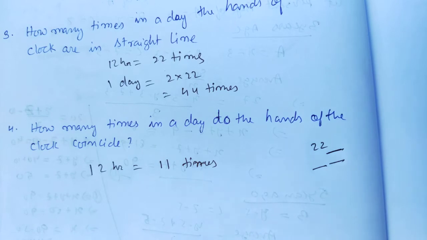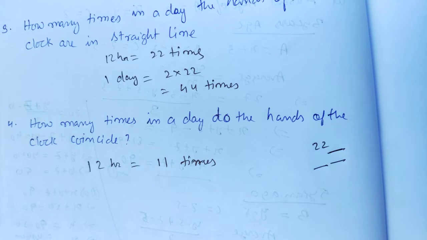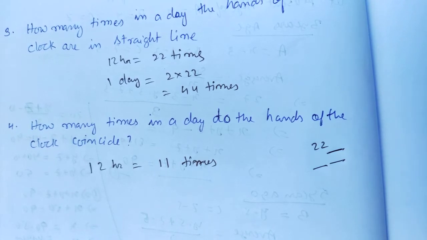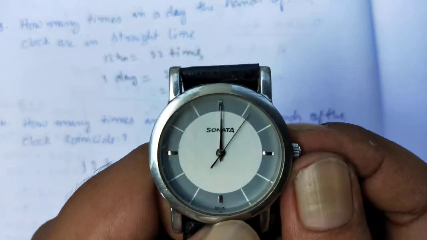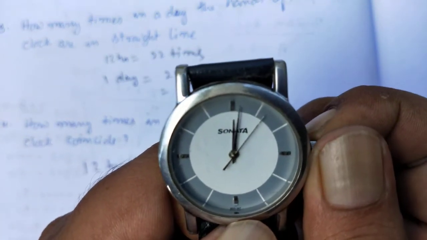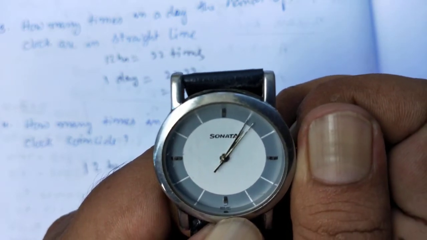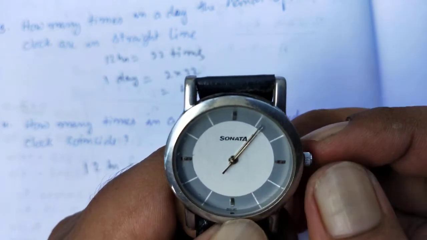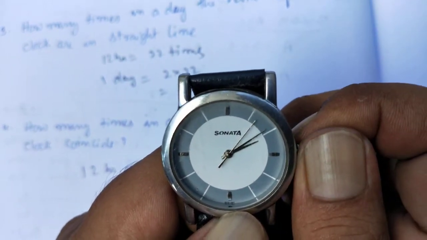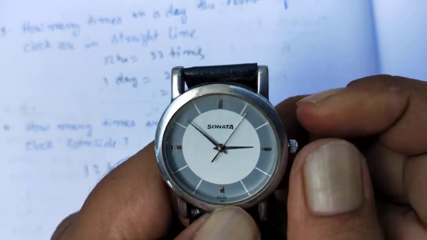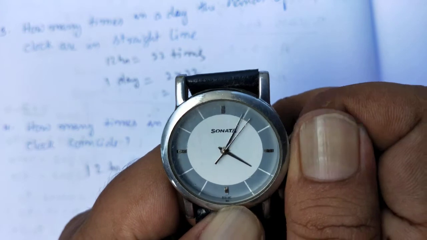Coinciding means, I'll show you. So this is just coinciding, or starting. Okay, so we have to do it like that. They are coinciding in 12 hours one time. Try again, so 2 times. Do it again, 3 times.